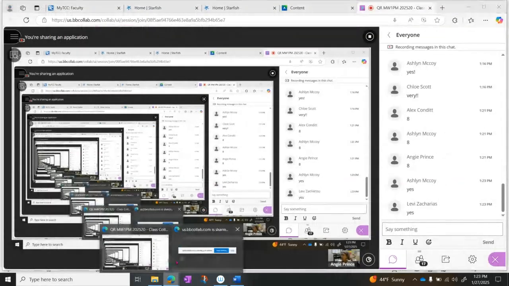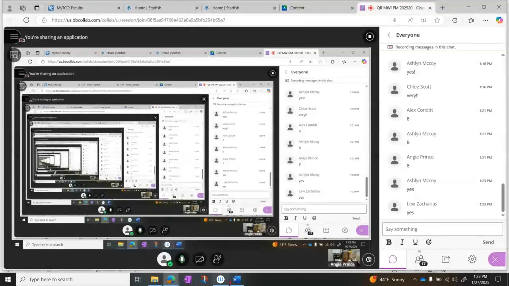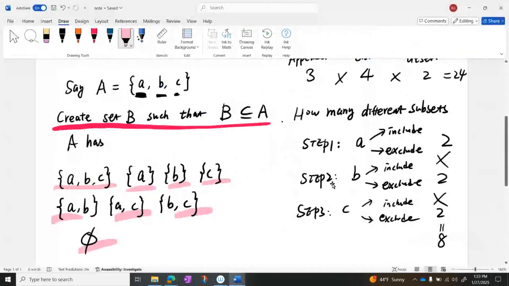Okay, very good. Thank you. And I have a question here. Let me repeat my question. A here is a set containing 3 elements. We already know the set A has 8 different subsets.